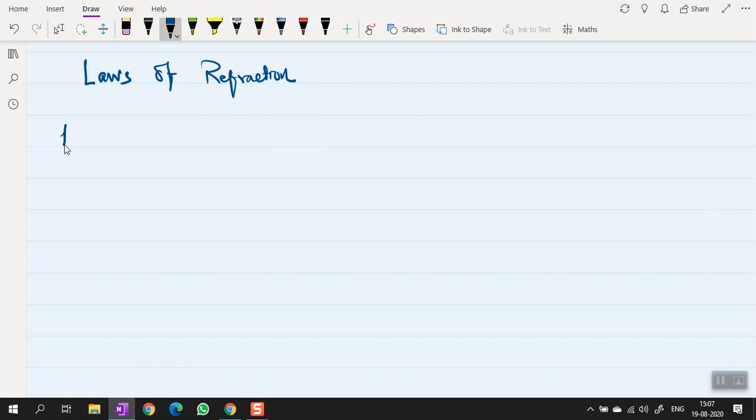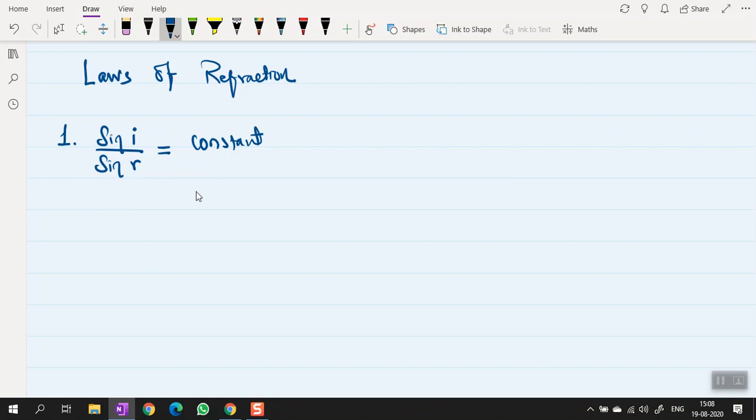The first law of refraction states that sine of angle of incidence upon sine of angle of refraction is always a constant number without any units. You all know what is sine now, because you know trigonometry, right?